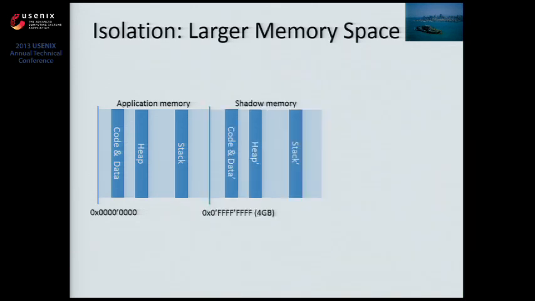For the individual memlets, we add a set of shadow memory blocks that are all 4 gigabytes on top of it. And the memlets then access the corresponding shadow areas to get their additional data. In this example, and for the unlimited watch points, we only need one additional 4 gigabyte block of shadow memory.